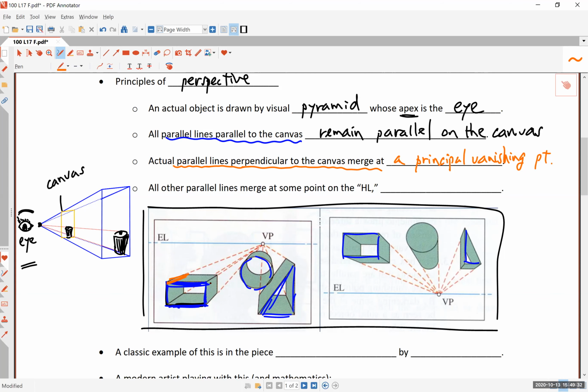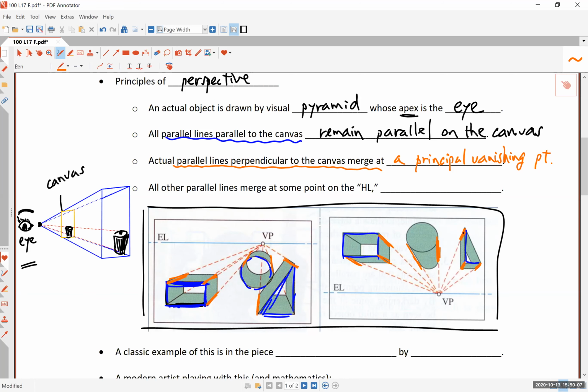See this line here, this line, these are all lines parallel to each other in the real world, but they're all perpendicular to the canvas on which I'm drawing this, okay? Same thing here, this line, this line, this line. All of these lines are actually parallel in the three-dimensional world, right? In fact, all of these are lines parallel in real life, but they're all perpendicular to the canvas or the plane on which I am drawing.